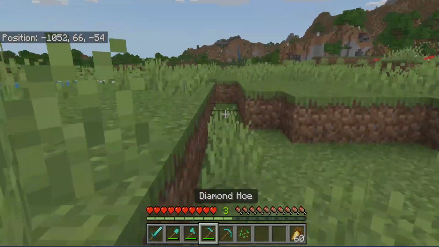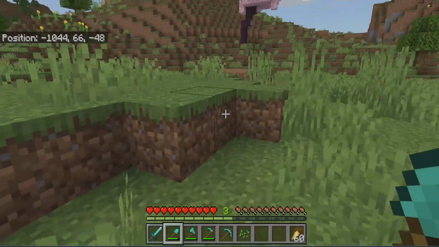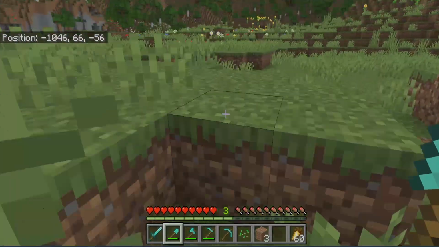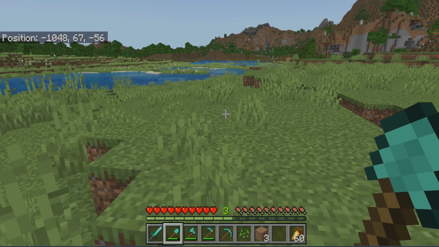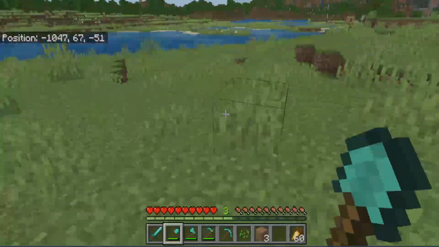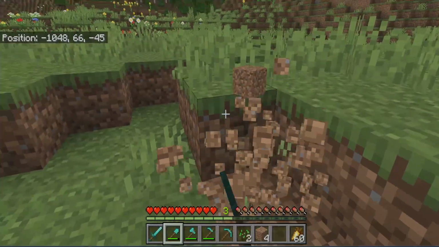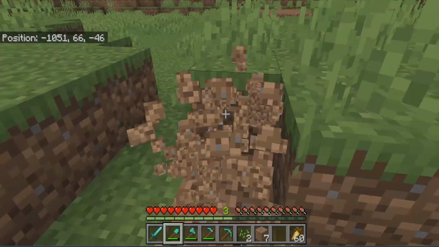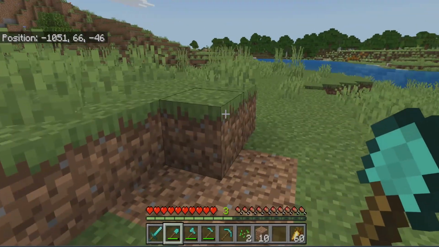Let's maybe try to do this one next. So let's see how many groups of 7 we can remove from this clump of dirt blocks. Let's see here. That's 10.